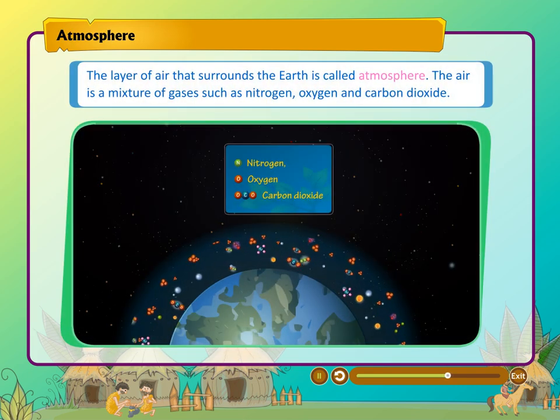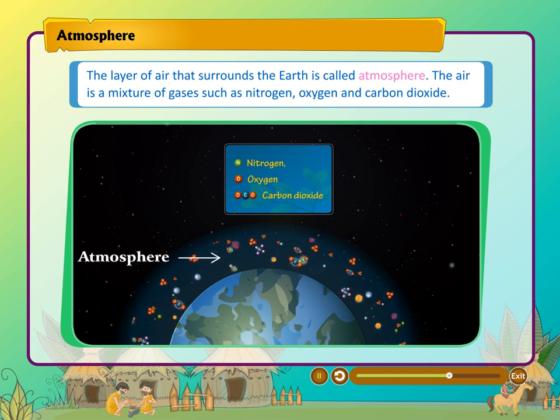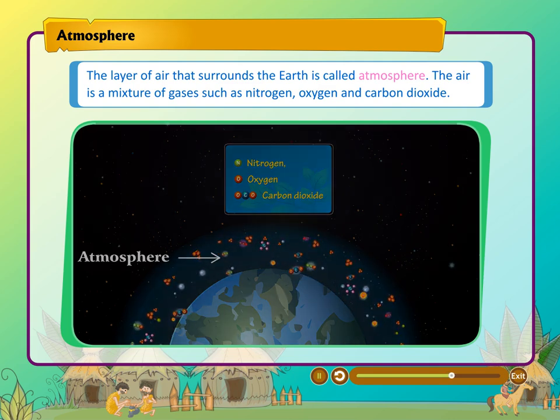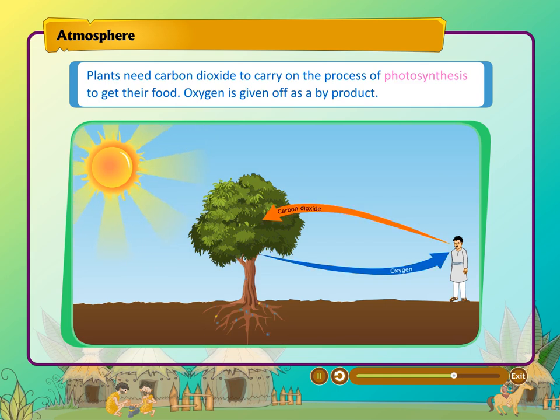Atmosphere. The layer of air that surrounds the Earth is called atmosphere. The air is a mixture of gases such as nitrogen, oxygen, and carbon dioxide. Living things breathe in oxygen and breathe out carbon dioxide. Plants need carbon dioxide to carry on the process of photosynthesis to get their food.